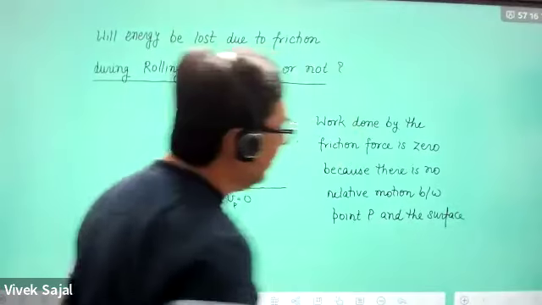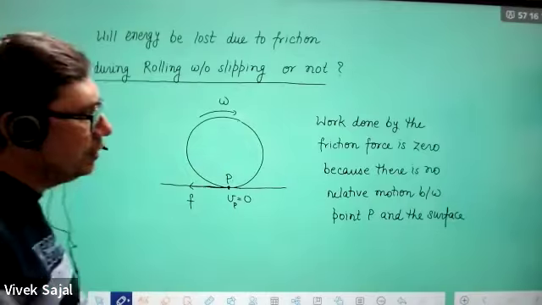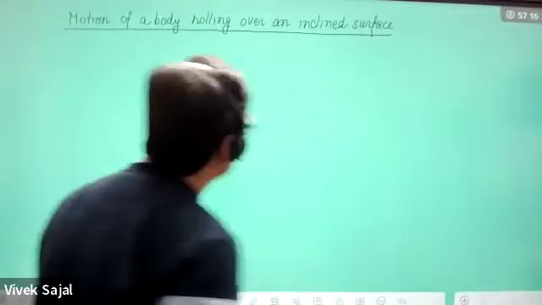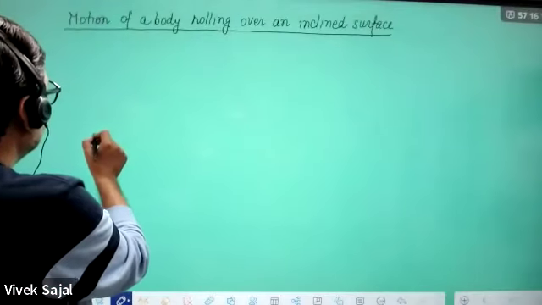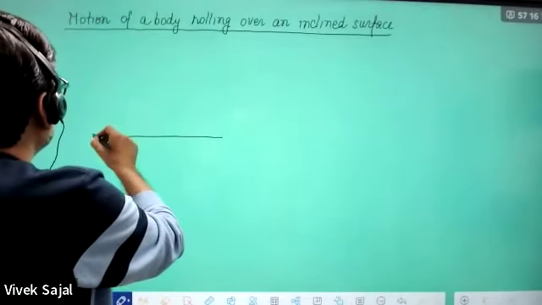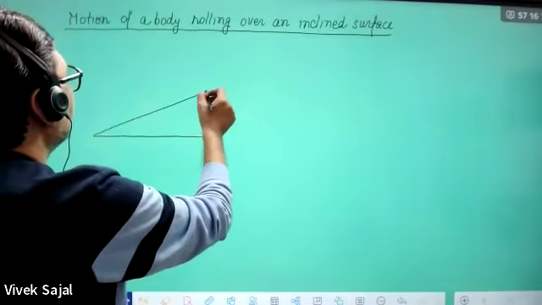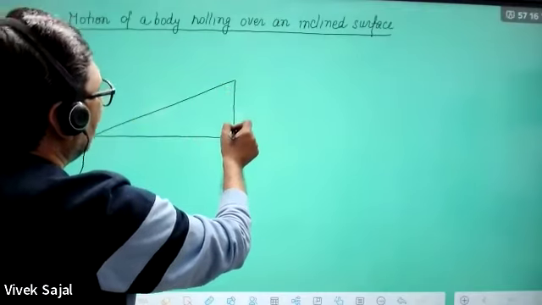So this property I'm going to use in the next one. In the next, I'm going to consider this: there is an inclined surface. Here this height is h.